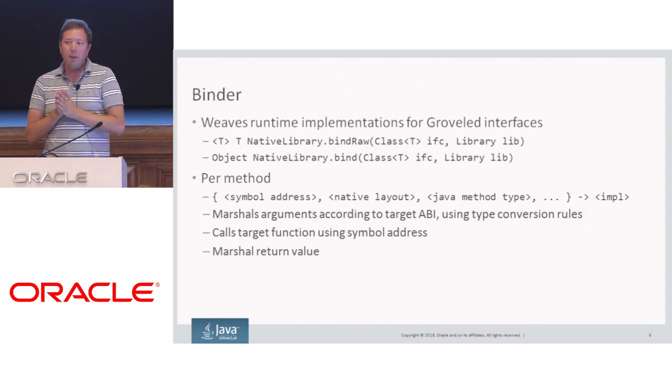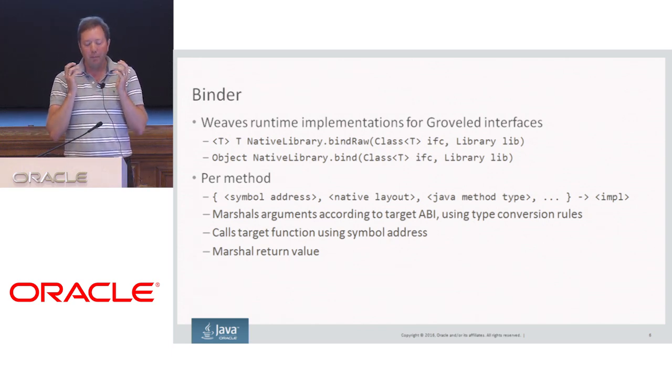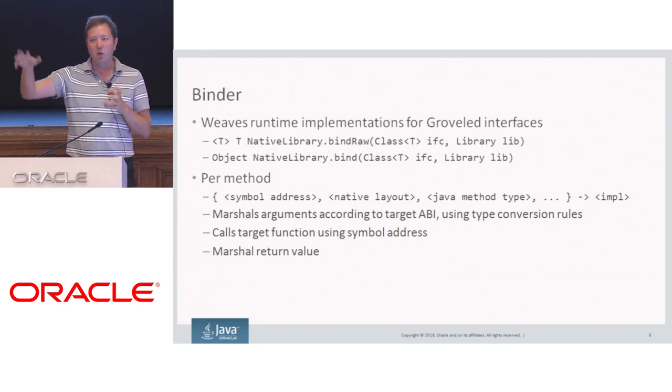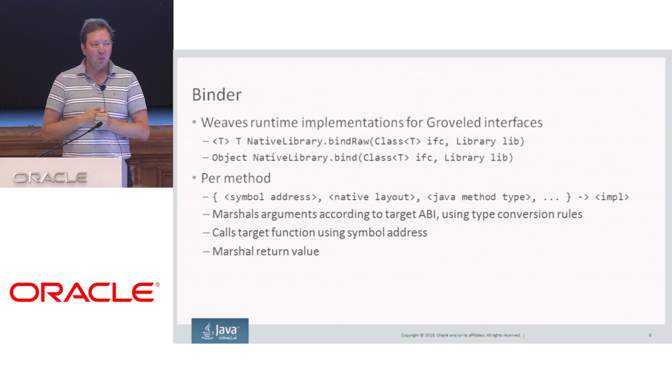So the binder prototype we have has a couple of major methods for weaving implementations, for taking one of these interfaces and providing something to you that you can actually use. We have the raw version, which is the low level. It will give you something you can work with, but it may not necessarily be easy to use, if I put it that way.